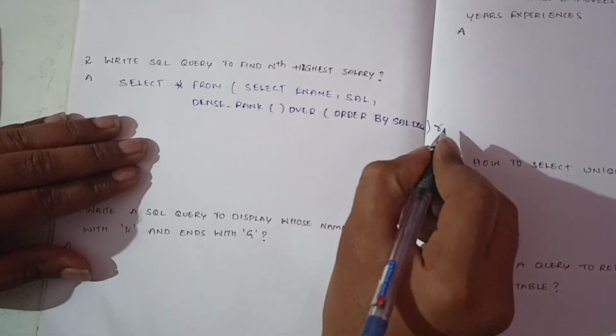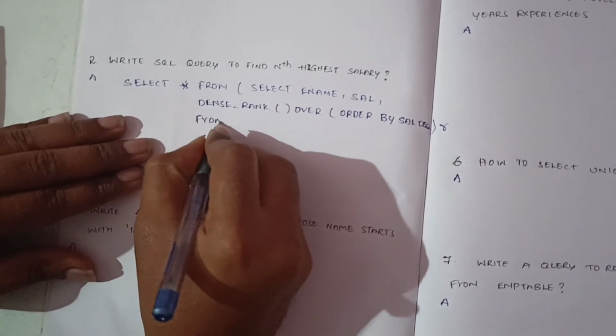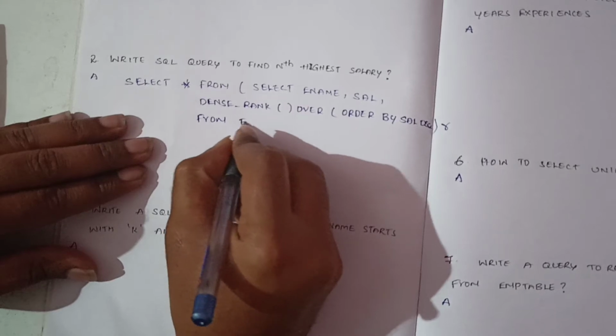For this we are going to give alias name as R from employee.